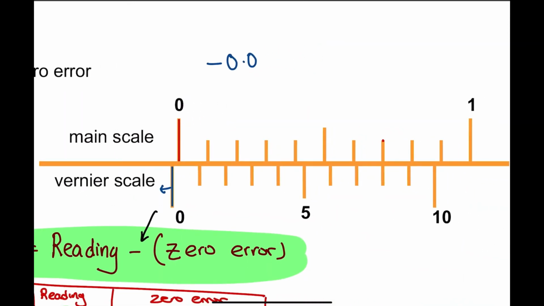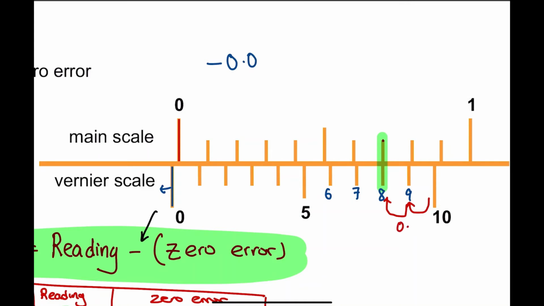Next thing, you need to find the number that is matching. You realize it is this one down here. So let's write down all the rest of the numbers: 6, 7, 8, 9. For negative zero error, this is something very unique. You need to count backwards from number 10. 1, 2.